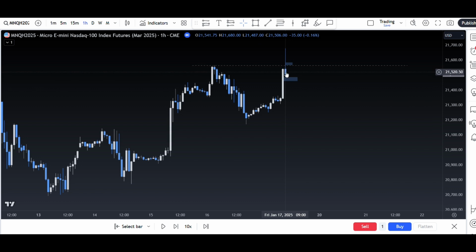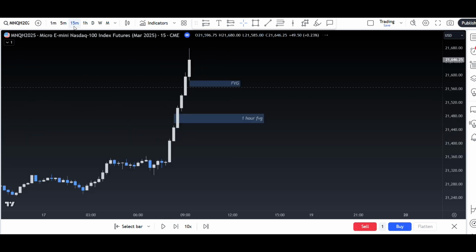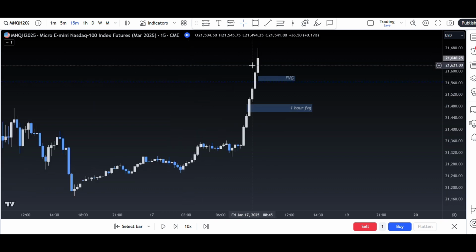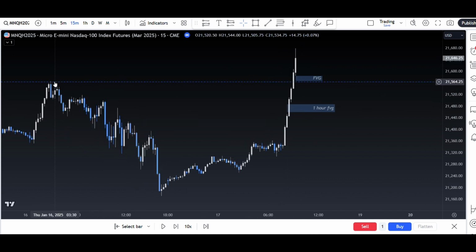That's the close of the 9 o'clock candle. So this 15-minute price action was within that 9 o'clock candle. But the 9 o'clock candle is still going. It just hasn't closed. That's why it's up here at 9:15. This is the previous day's high.